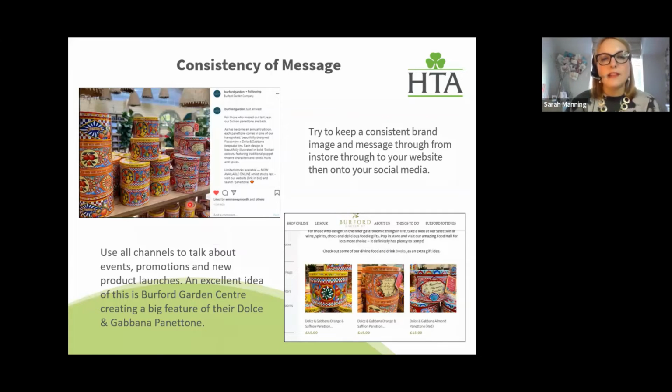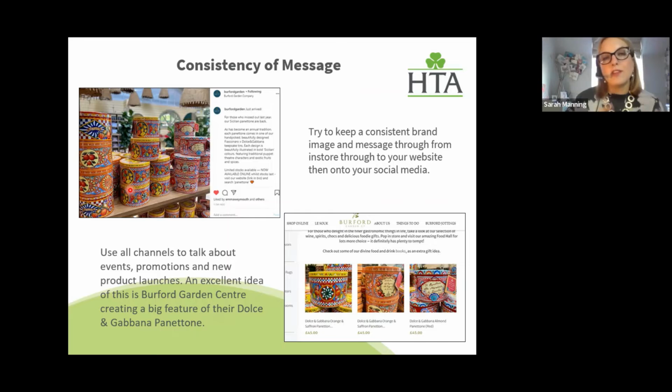So all of this is an example of their post that they posted on Instagram, which is actually a picture of them in a merchandising display in store. So this is also another example that your pictures don't have to be these studio shots. They could just be some really nice pictures of your displays in store.